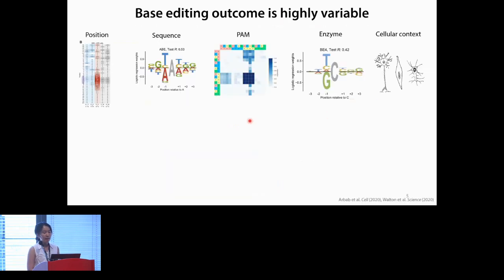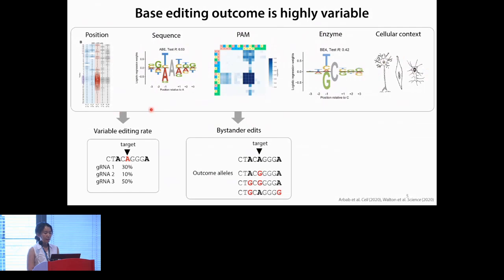The main caveat, though, for the base editing is that base editing outcome is very highly variable due to multiple factors, including the target sequence and the target adjacent sequence, what is the enzyme that we're using, or what are the cell type that we are working on. These factors induce two different outcomes. First, variable editing rate at our target base.